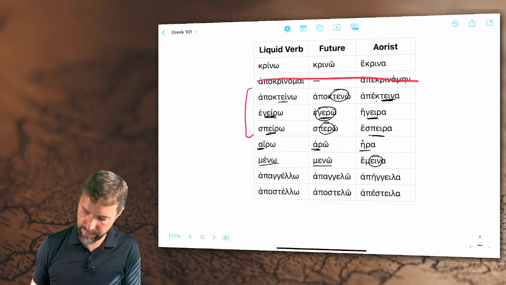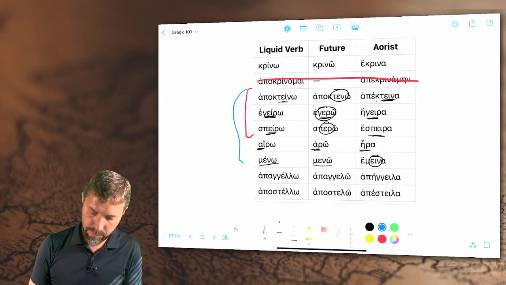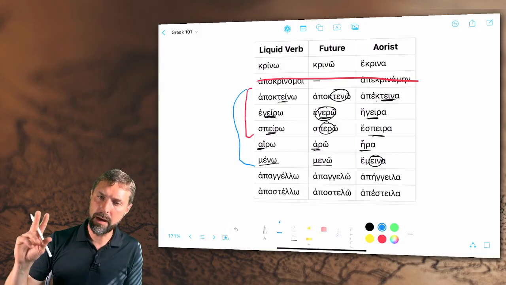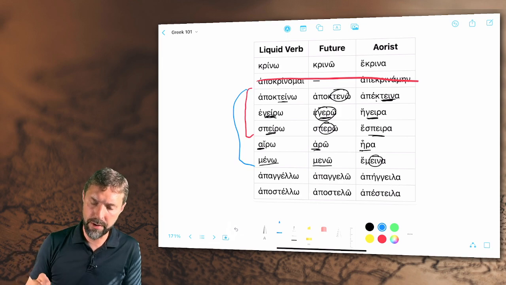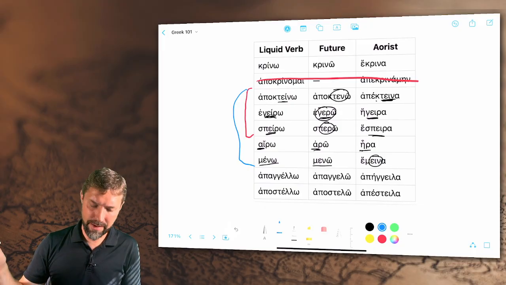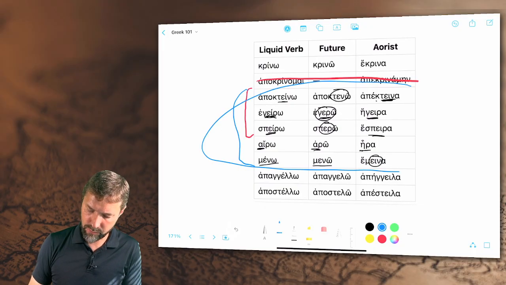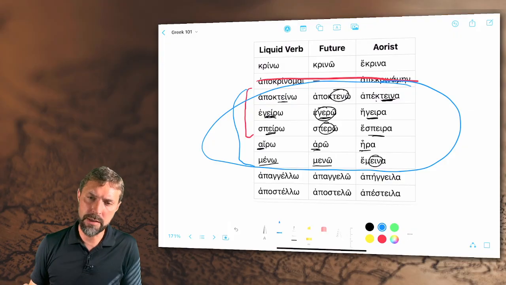Okay, so what I would say about this group right here, if you're looking for a pattern, is that I've got some kind of diphthong, alpha iota, epsilon iota, and it's changing across them. My simple answer for you for these ones, I don't need you to memorize, actually please don't try to memorize which one does which.